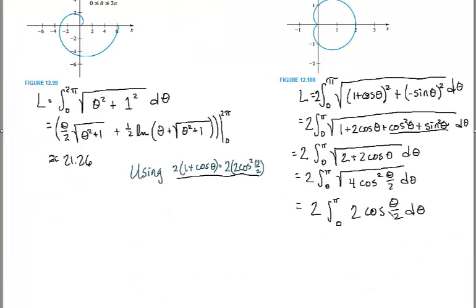Now that's so much better, and I'll be able to integrate this very nicely. I'll write that down. Alright, I integrated that, and when I plug in the pi, that'll be a 1, so it'll be 8 minus 0, so it'll just be an 8. And there's the length of that curve.